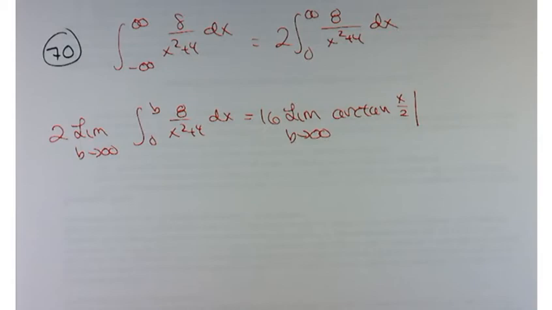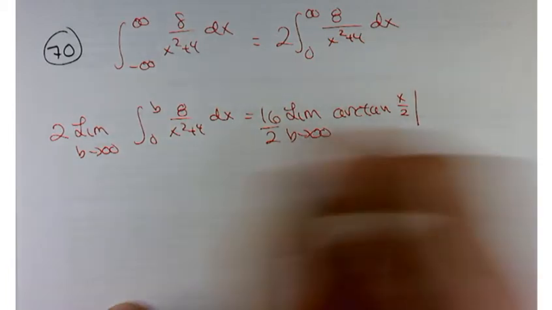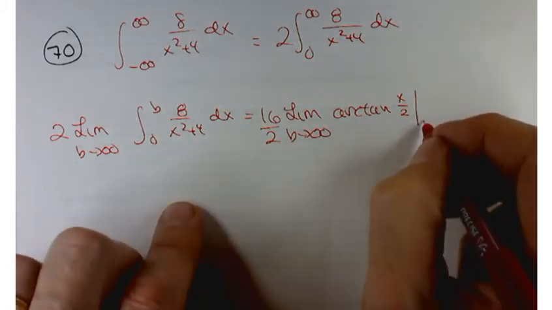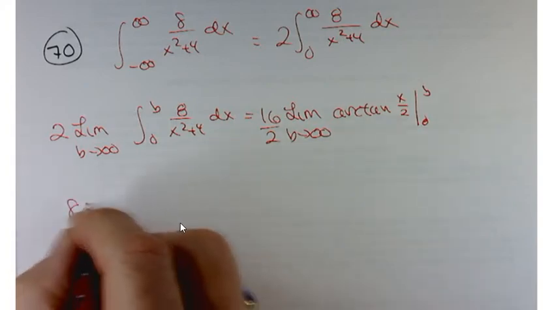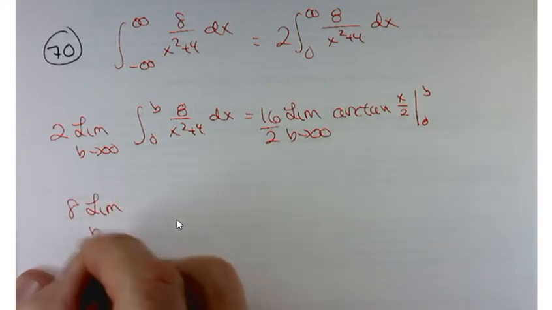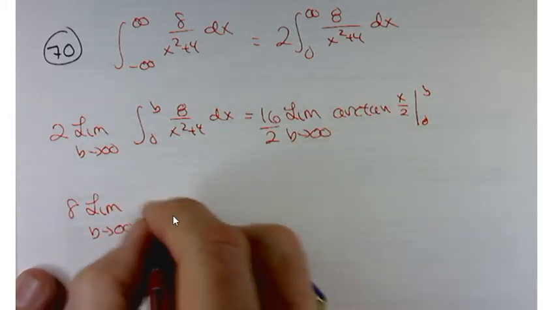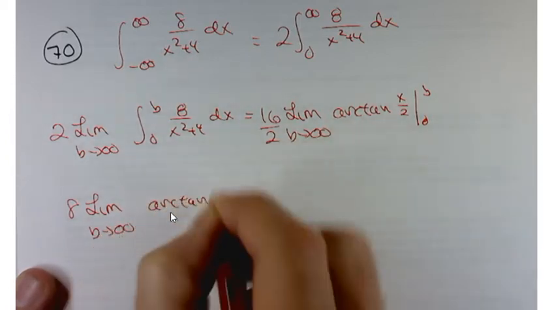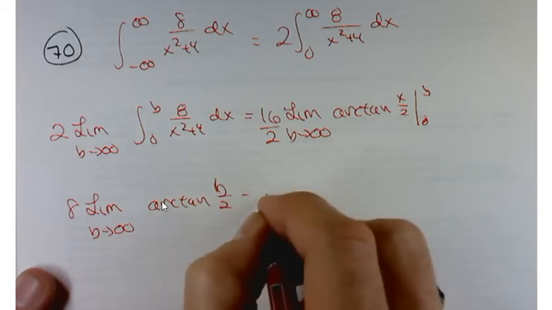Yeah, is it 1 over a? Yeah, all right, so we got to do a 2 here. Yeah, that would be right. Between 0 and b, so it's going to be 8 times the limit as b approaches infinity of the arctan of b over 2 minus the arctan of 0.